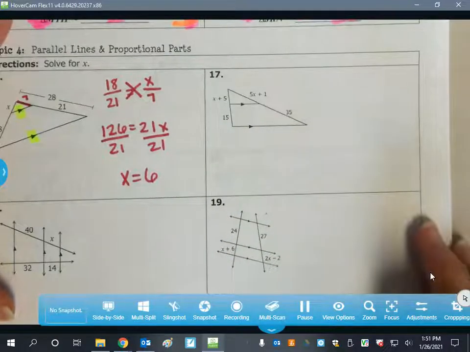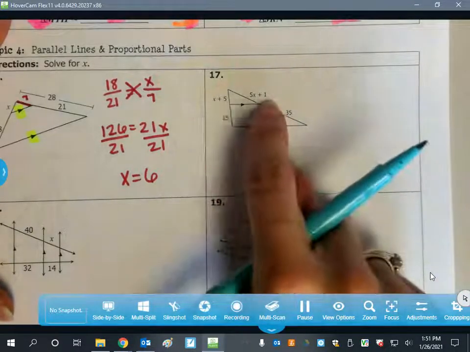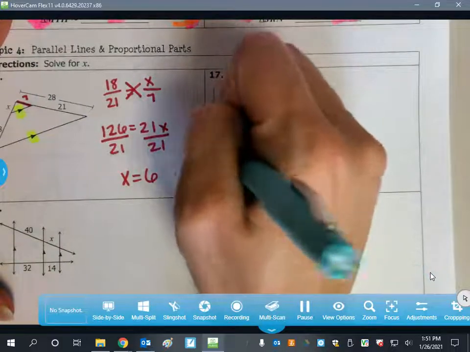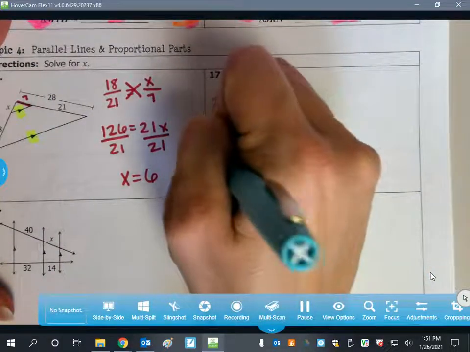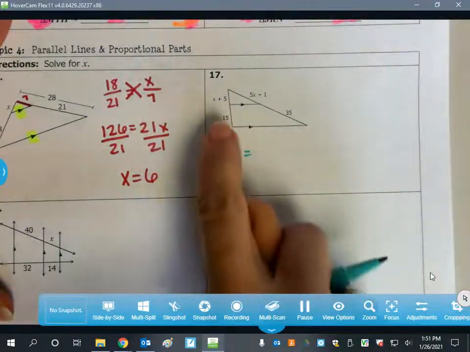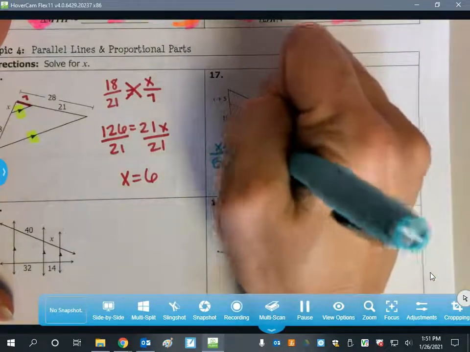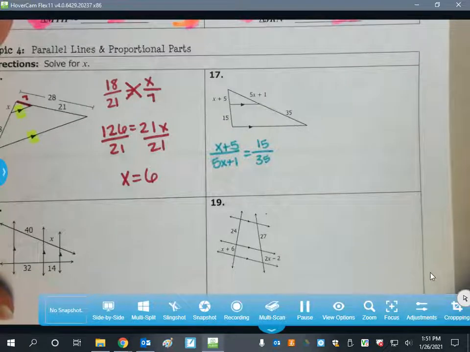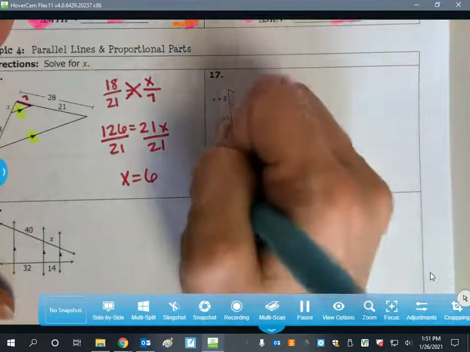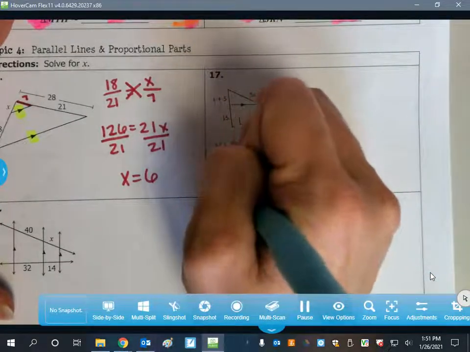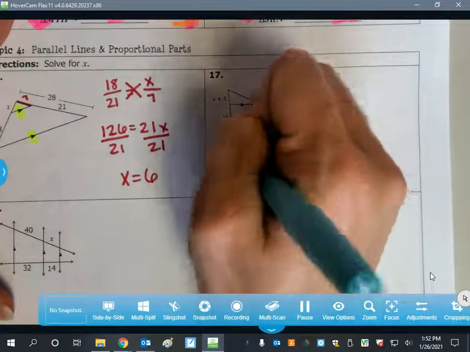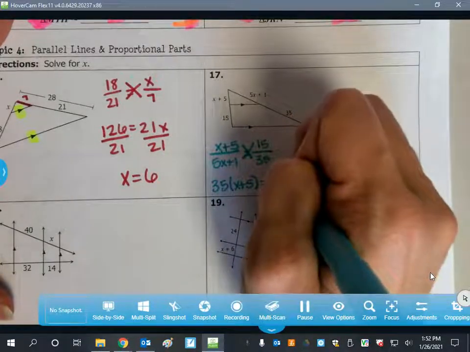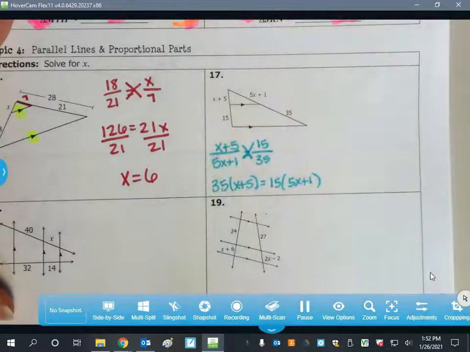All right, to set up this ratio, we're going to do x plus 5 over 5x plus 1 equals 15 over 35. Now we're going to cross multiply. 35 times x plus 5 equals 15 times 5x plus 1.